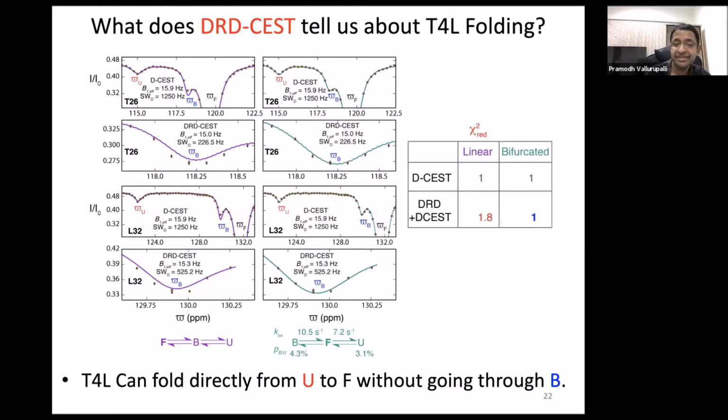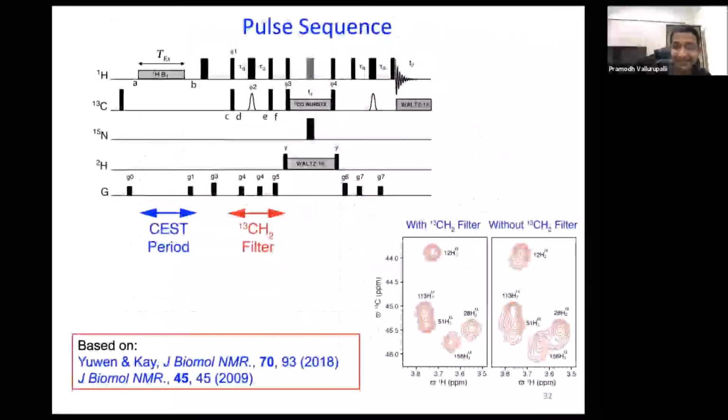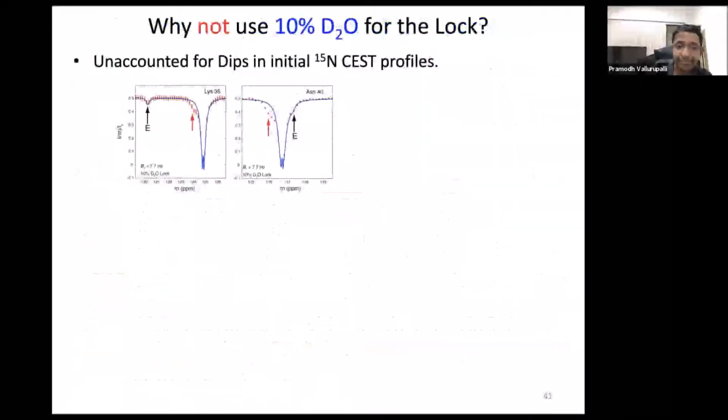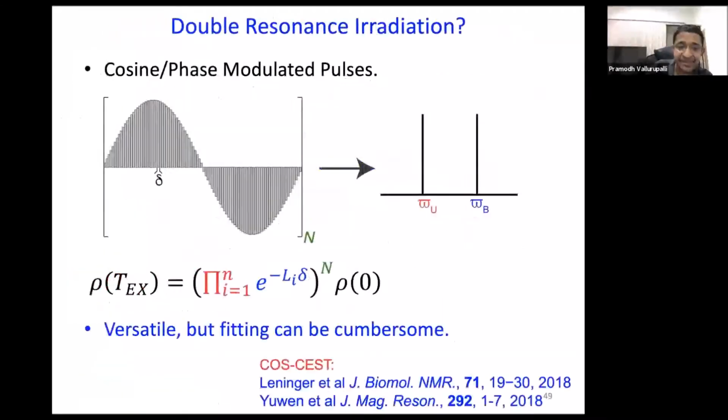Okay. So then an anonymous attendee asks, how do you pulse on two different frequencies at the same time? Okay, so I have a slide for that. There are two ways we could have done it. One was to use, during the B1 irradiation, cosine modulated pulses, and that would probably be very nice and probably the way to go.